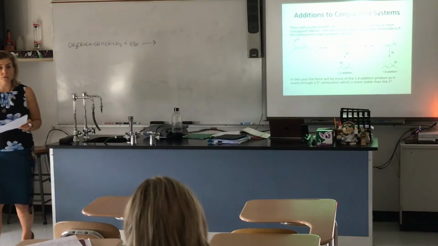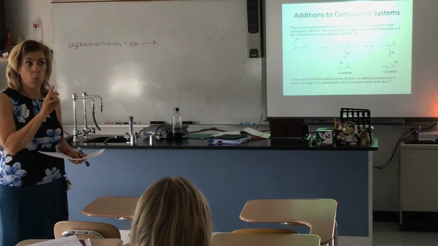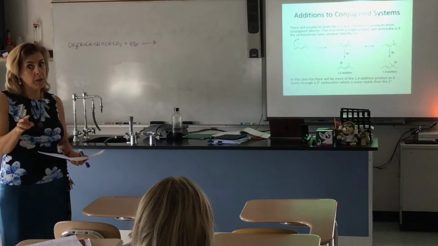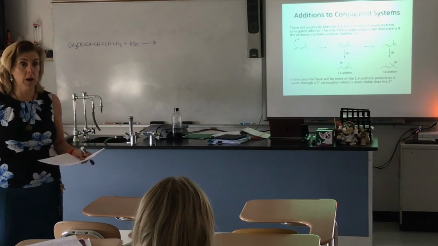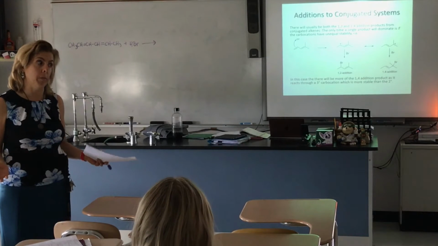Okay, my question to you is, I only have one HBr, 1 mole. I'm not doubling the amount. If I was doubling the amount, the HBr would add across both double bonds. So I'm just adding it across one double bond, okay?